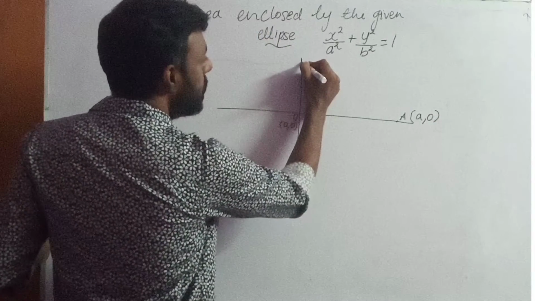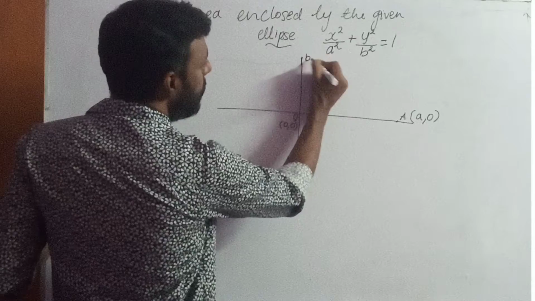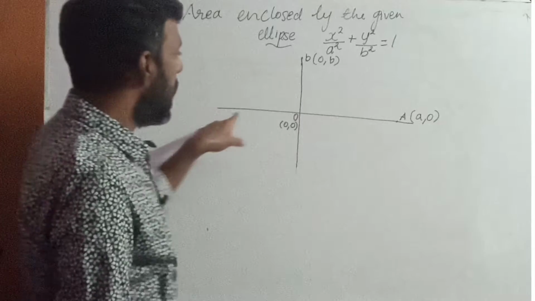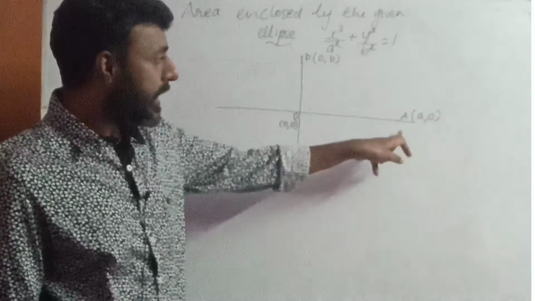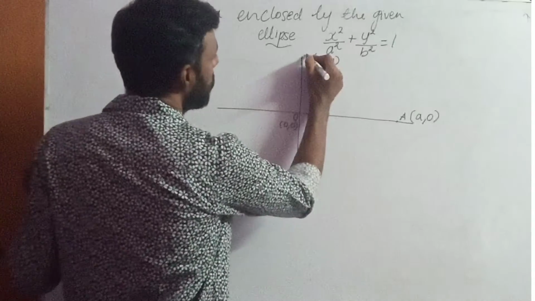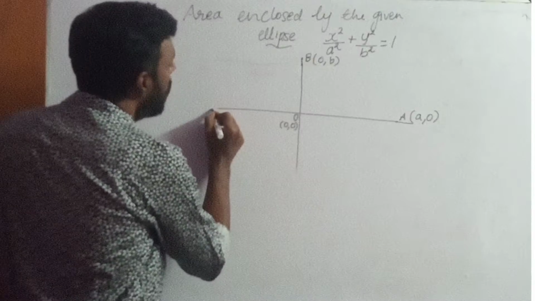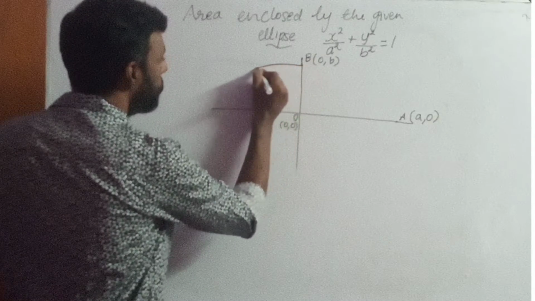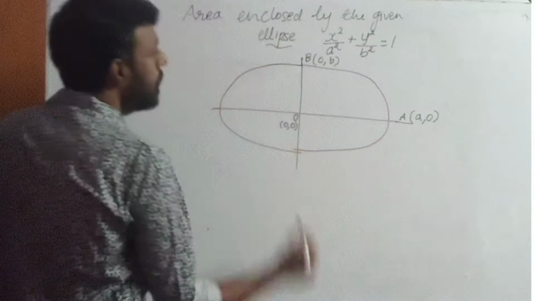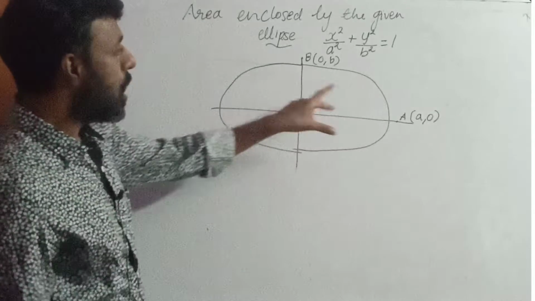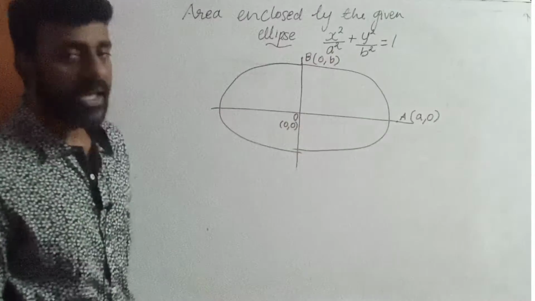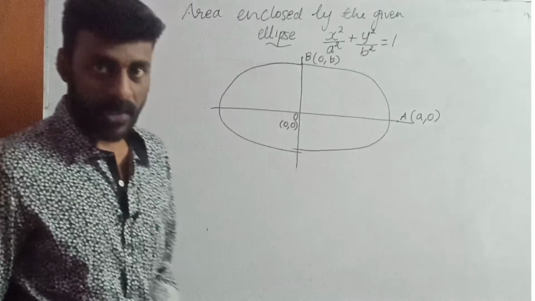Similarly, this point B has coordinates 0, b. The ellipse I am drawing passes through the points A and B. So I am drawing the ellipse over here. This is the ellipse, and its equation is x squared by a squared plus y squared by b squared equal to 1.